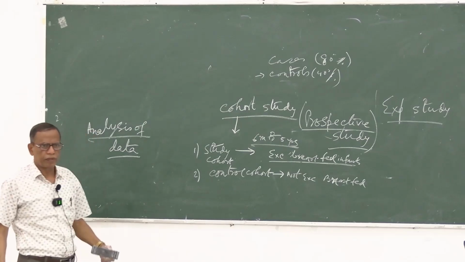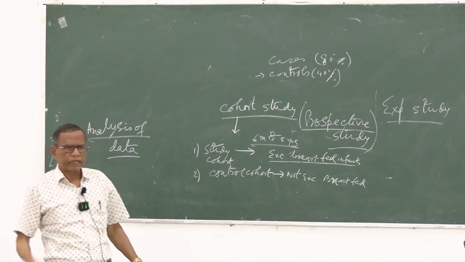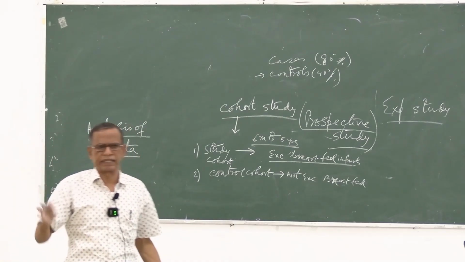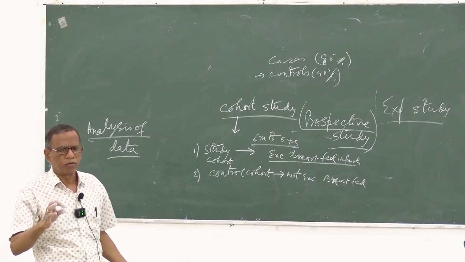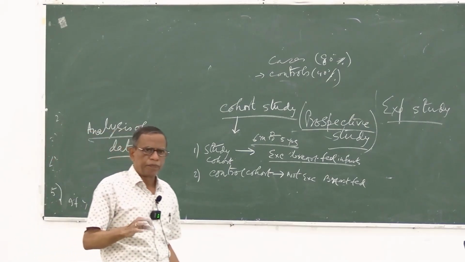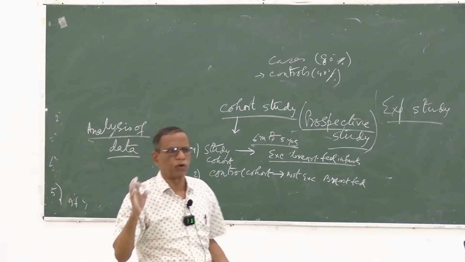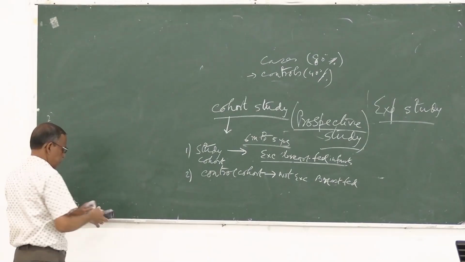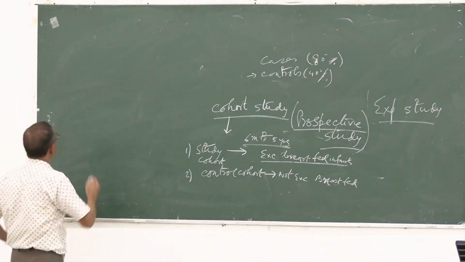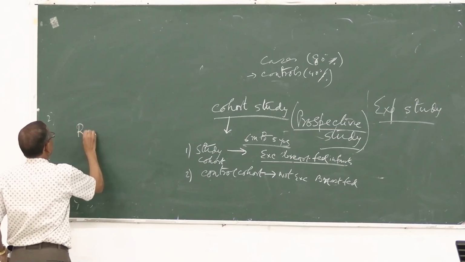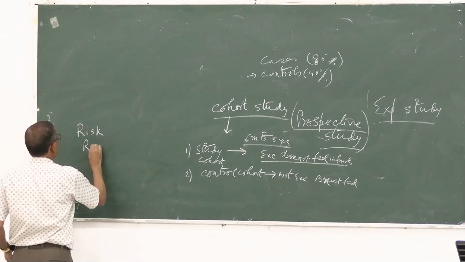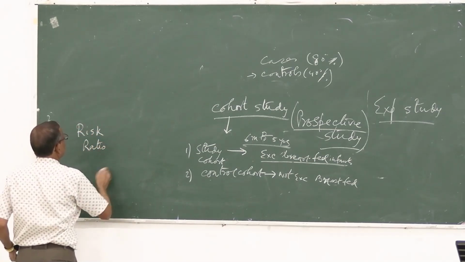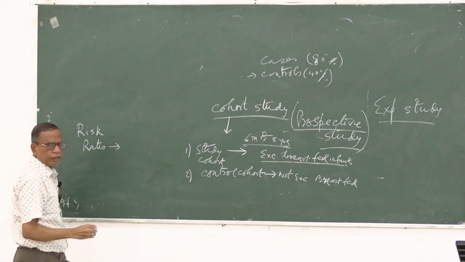Analysis of data. Here, as we have a denominator population, we can calculate the incidence rate. Here we calculate the risk ratio. What is risk ratio?